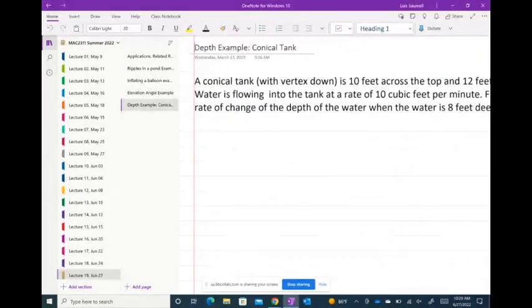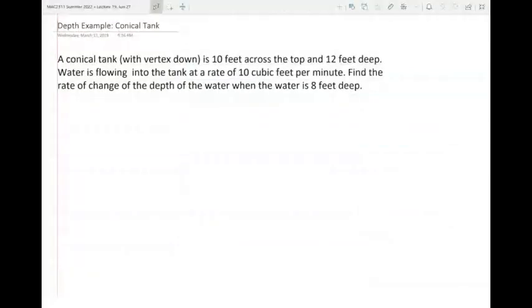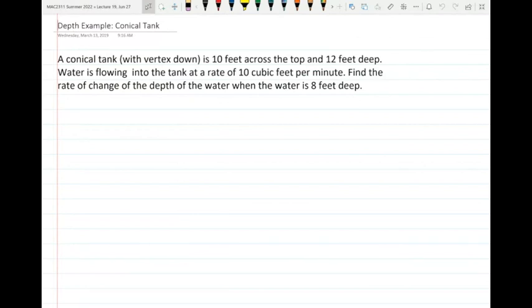So that's this one. Let's read. A conical tank with vertex down, so you know the vertex of the cone is pointing down.